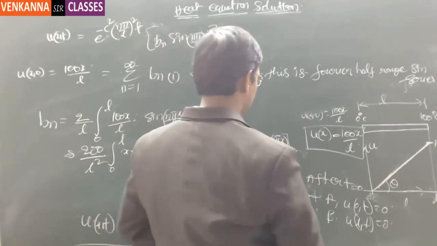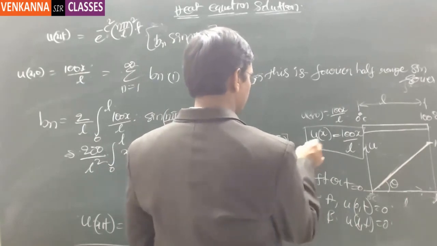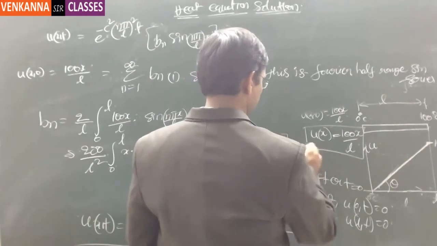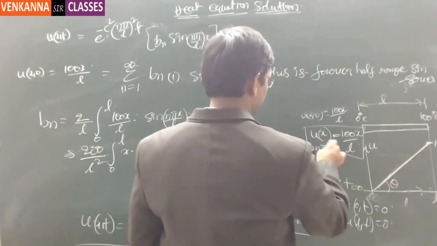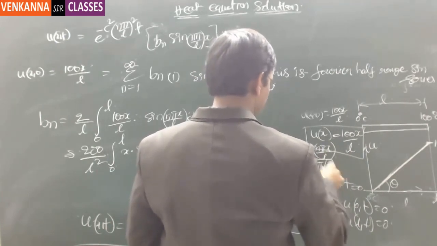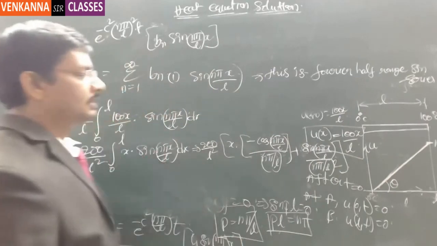The integral of cos is sine, so minus sine n pi x by L divided by n pi by L whole square. So this is how actually you are going to get it.